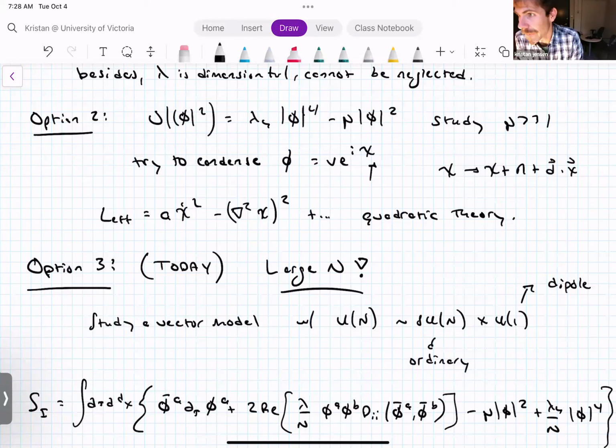In fact, you can write down a candidate quadratic theory of such a dipole Goldstone quite simply. It's just derivatively coupled. So for instance, you could have psi vector dot squared minus terms with spatial derivatives, so the divergence of psi squared minus psi dot grad squared psi plus and so on.